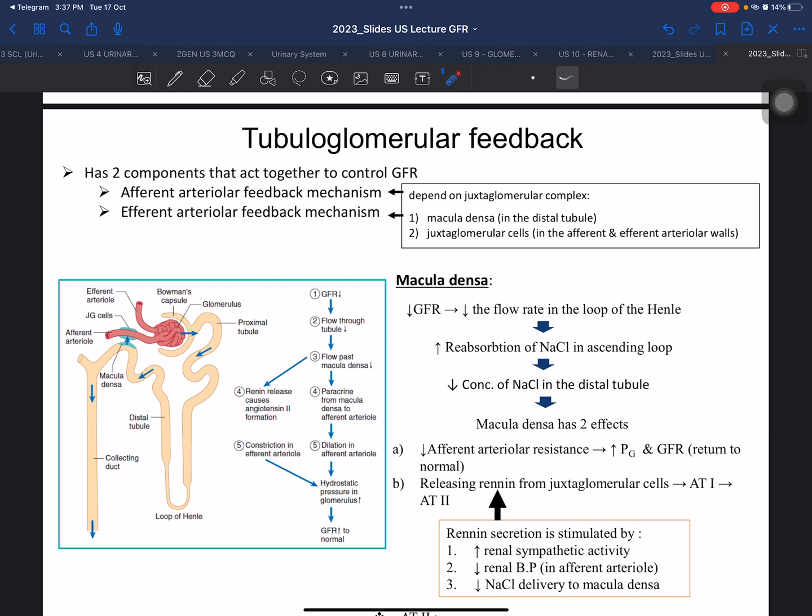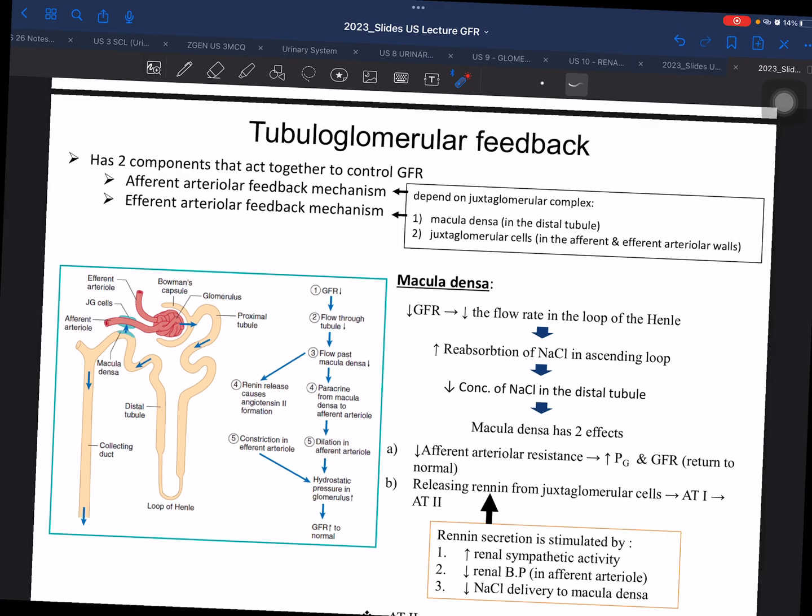For example, when there is a drop of the GFR, there is a drop in the flow rate in the loop of Henle. The drop of flow rate in the loop of Henle will increase the reabsorption of sodium chloride in the ascending loop, which will decrease the concentration of sodium chloride in the distal tubule.